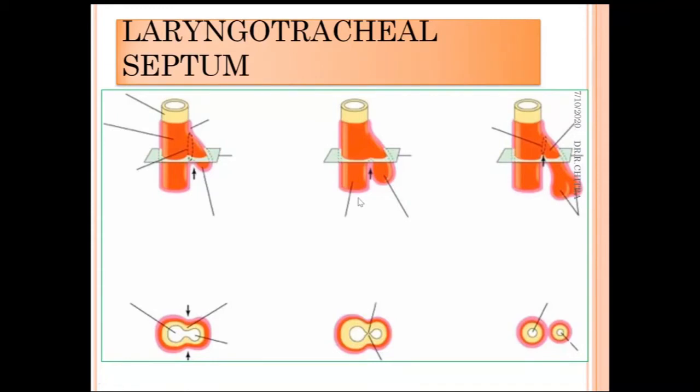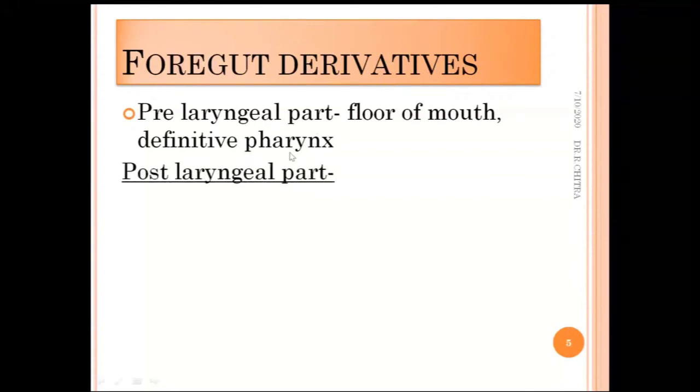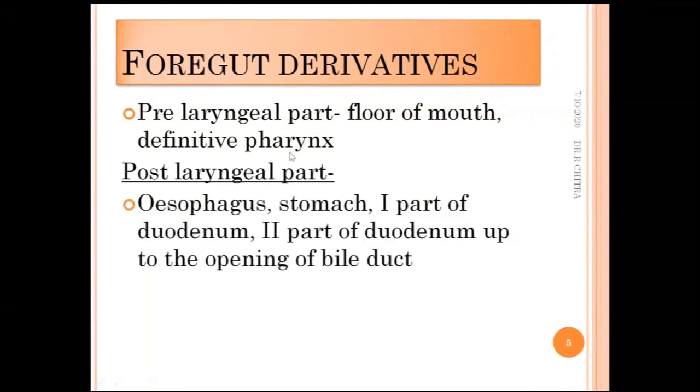So the prelaryngeal part will give rise to the floor of the mouth and definitive pharynx, and the postlaryngeal part will give rise to the esophagus, stomach, first part of duodenum, and second part of duodenum up to the opening of the bile duct. So these are the derivatives of the foregut.